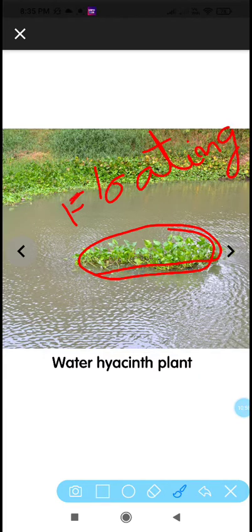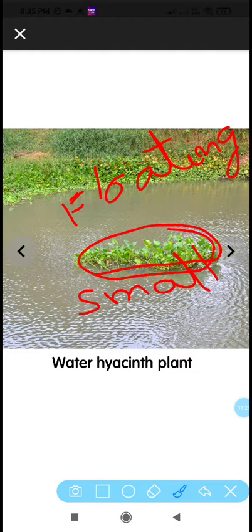So such plants are called floating plants. Their roots are very small. They are not fixed to the soil like lotus. In lotus, I told you just now, the roots are strongly fixed in the soil. But here, the roots are very small and not fixed in the soil.